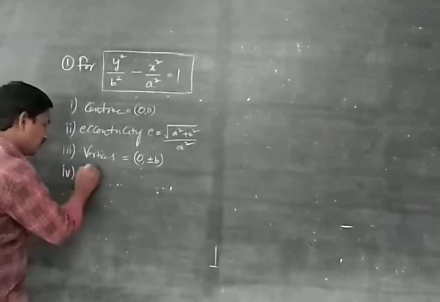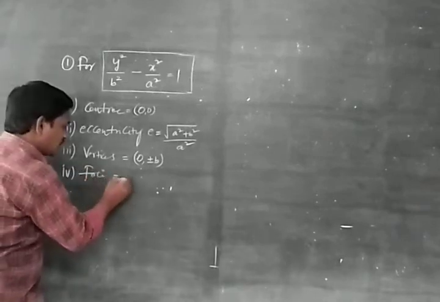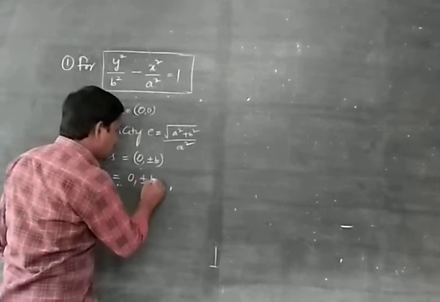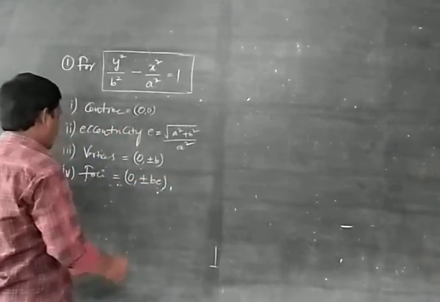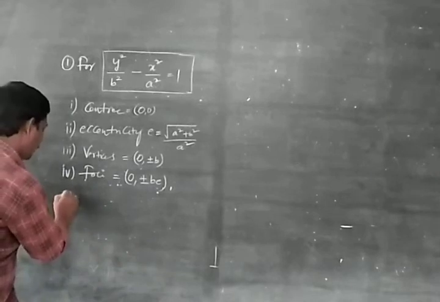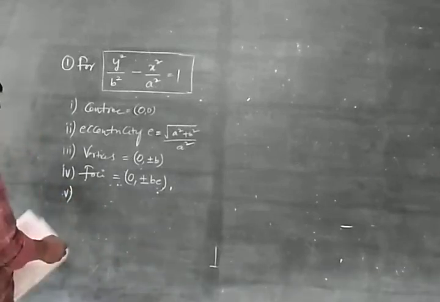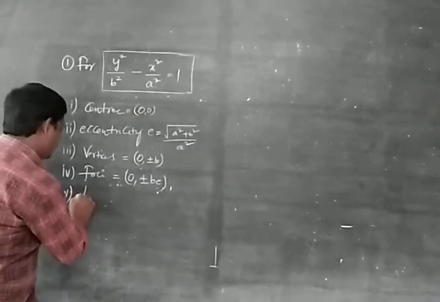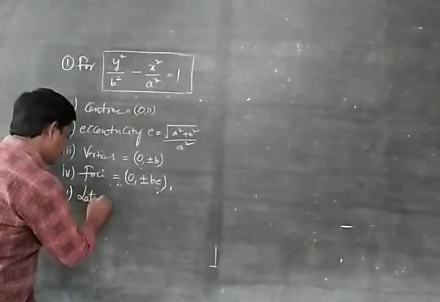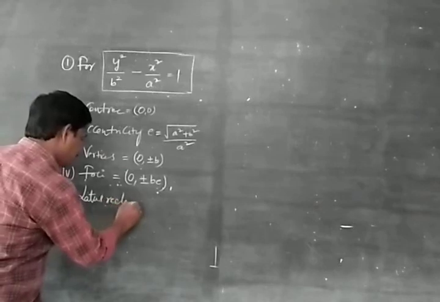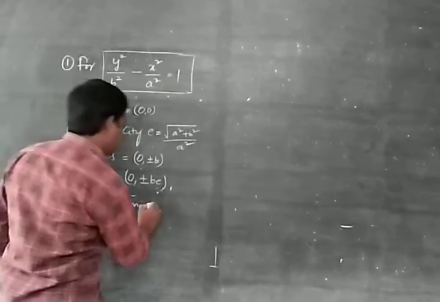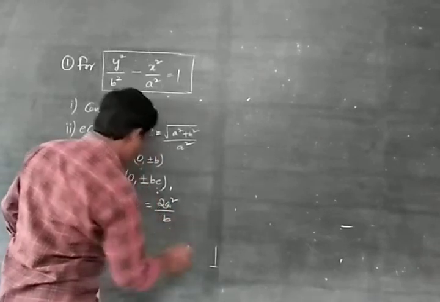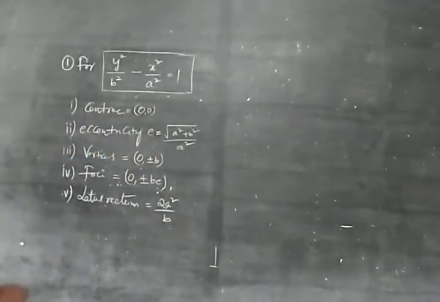Foci 0, plus or minus be, and latus rectum 2a square by b.